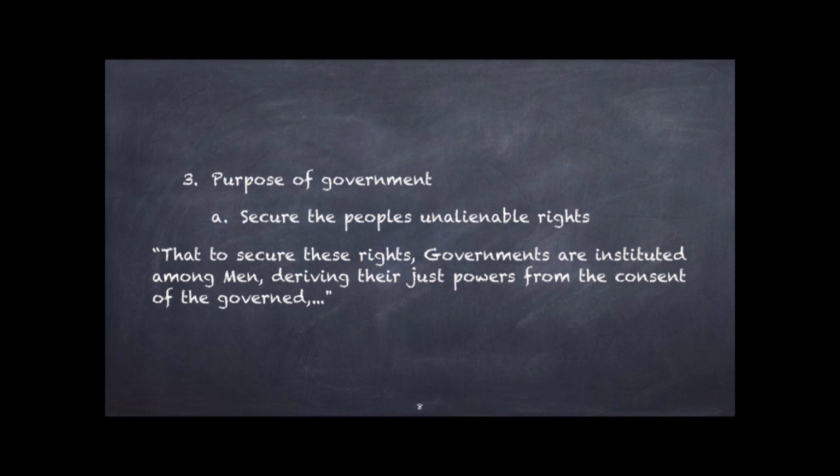So in other words, men create government and they derive their authority from the consent of the governed. To secure these rights, to keep them, to protect them. Governments are established by the citizens, by the people, and they get their authority to govern by those who establish them.